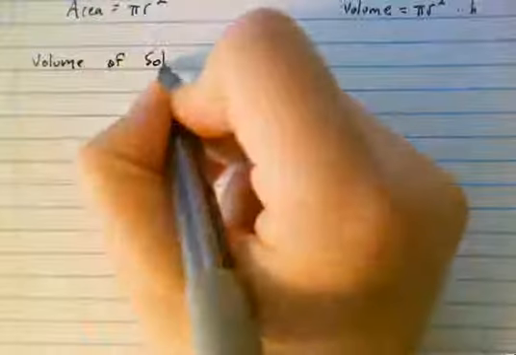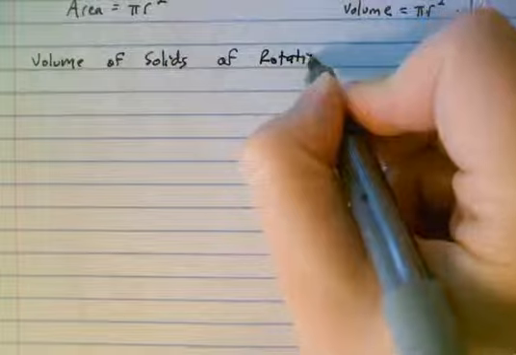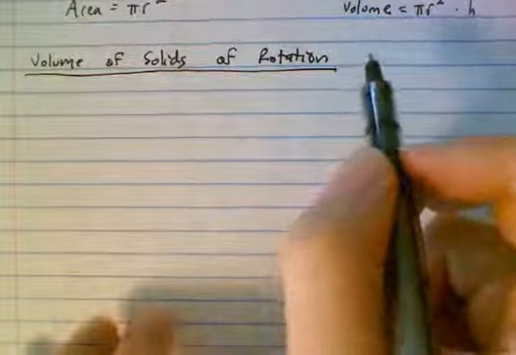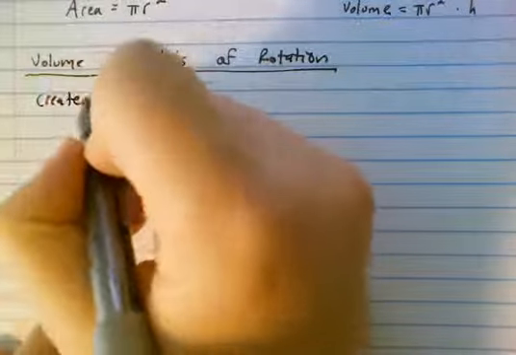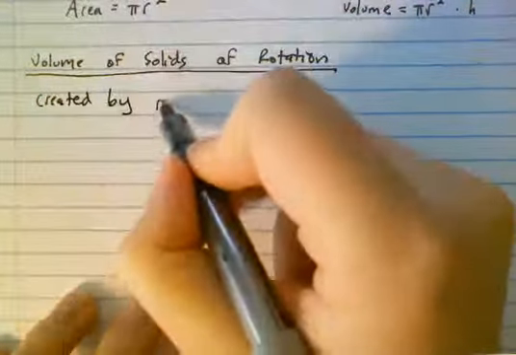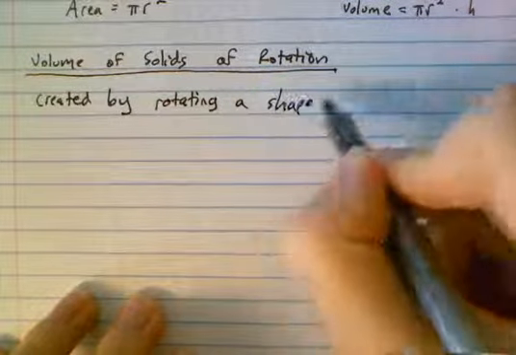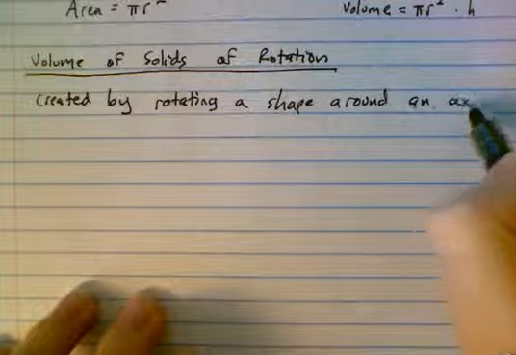So volume of solids of rotation. So these are created by rotating a shape around an axis.